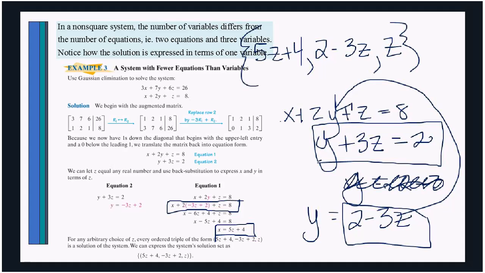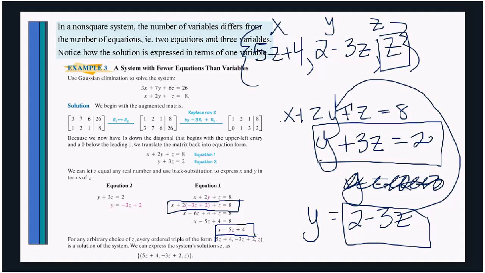So as long as each of the values of x, y, and z are represented in one variable, in this case it's z, then you have a solution for infinite many solutions. And how you would work this is then whatever you give z as, so let's say z is equal to 50, you can then input 50 in for z for all the values and then figure out what the x and the y value will be.